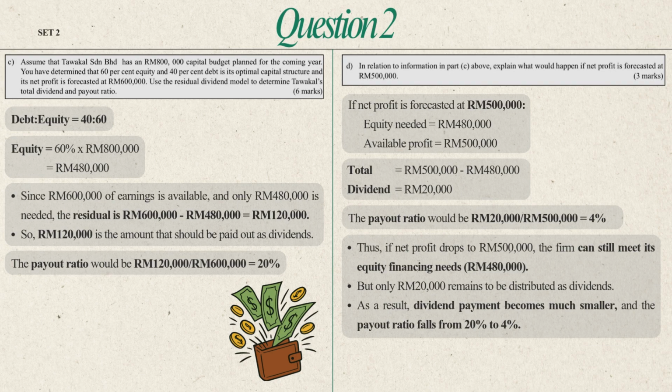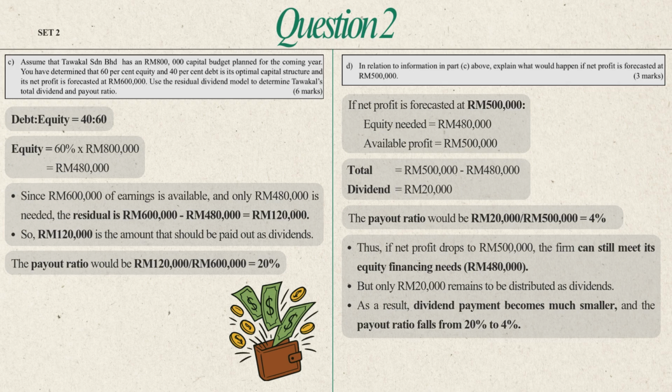For D, based on information in question C, we need to explain what would happen if net profit is forecasted at 500,000 ringgit. Based on information in C, equity needed is 480,000 ringgit and available profit is 500,000 ringgit. To get the total dividend, 500,000 minus 480,000 ringgit equals 20,000 ringgit.